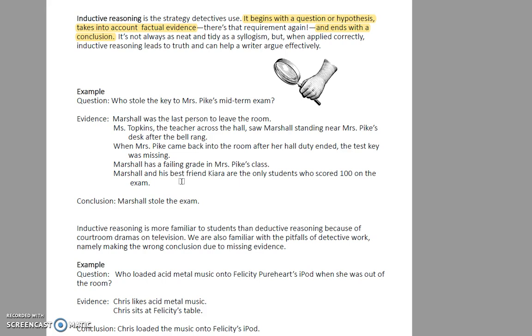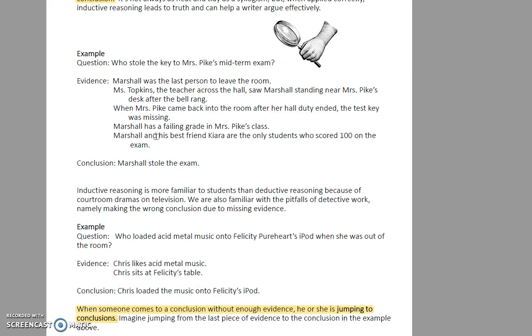How do they know to do that? Anyways, logical conclusion, based on all of the evidence, Marshall stole the exam. Okay. Now, there may be some people saying, well, but what about? There's always going to be some variables, but the evidence is overwhelmingly against Marshall.